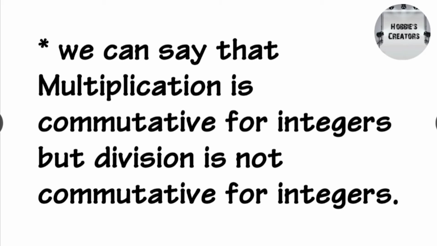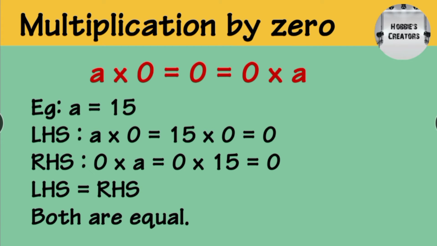I hope you understand. So now we can move on to multiplication by 0. You know, right? If we multiply any number with 0, we will get 0 as the answer. But in addition, if we add any number to 0, we will get that number, and if we subtract, 0 minus something gives a negative integer. But in multiplication and division, we will get the answer as 0.